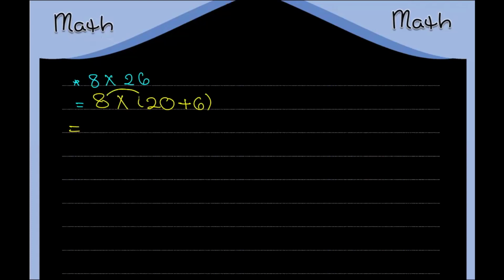Just multiply 8 times 20, then 8 times 6. 8 times 20 plus 8 times 6. So just multiply this one. 8 times 20 equals?